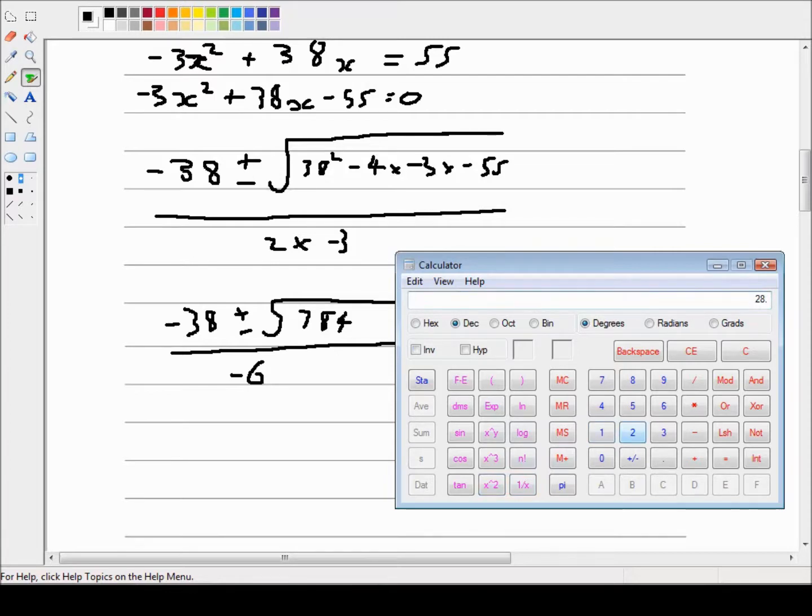So if I add negative 38, I get negative 10, and then if I divide by negative 6, I get 1.666667. So x equals roughly 1.7, or 1 2/3.